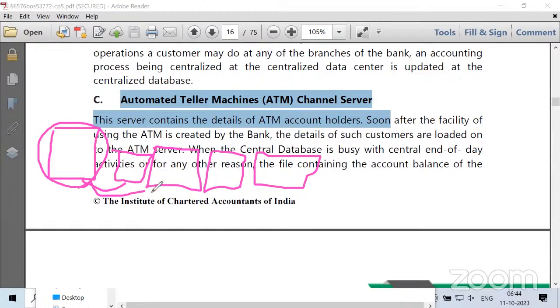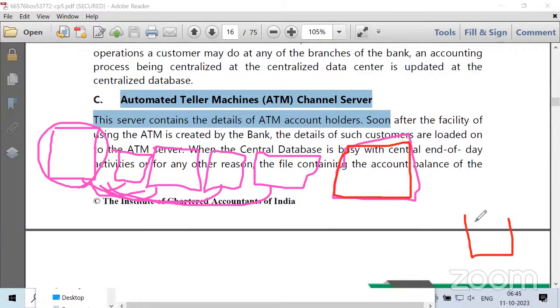Now, banking, mobile, ATM switch, internet, everything is connected. Now, all these servers can be accessed through the computer's web page. So, we have a web page. So, the web page is the access point for the customer.